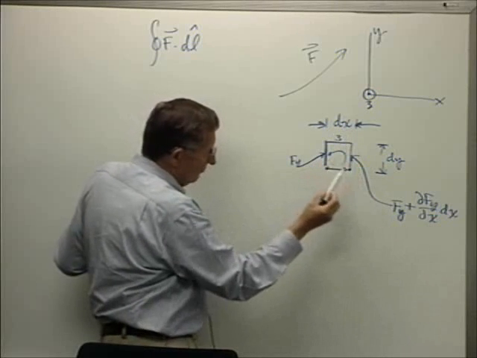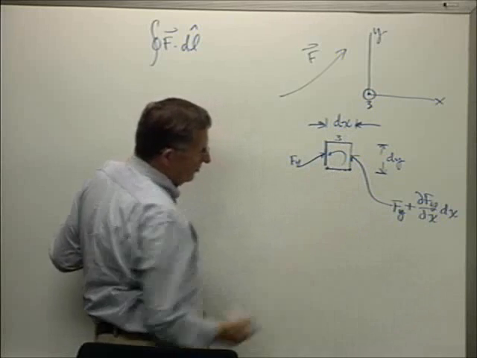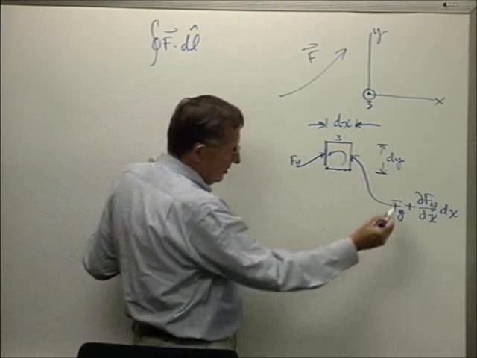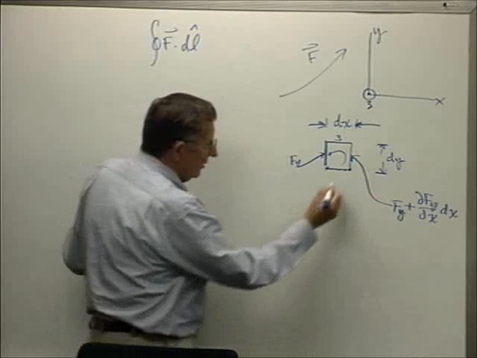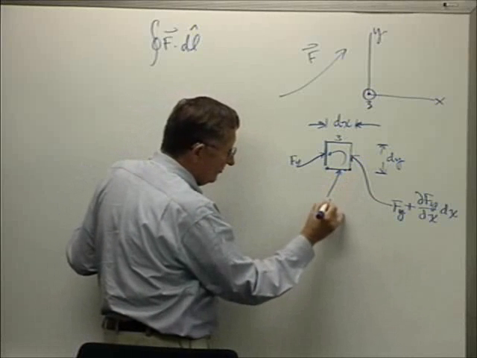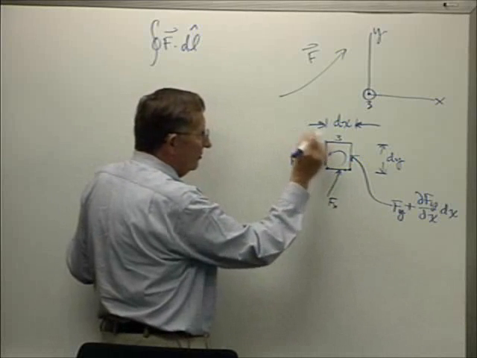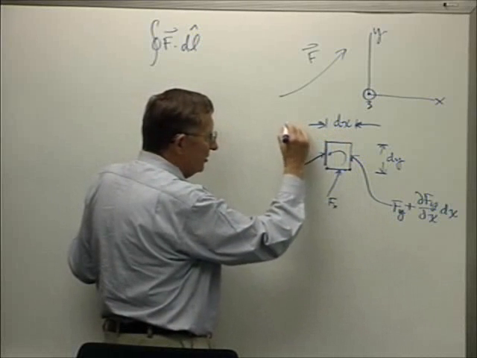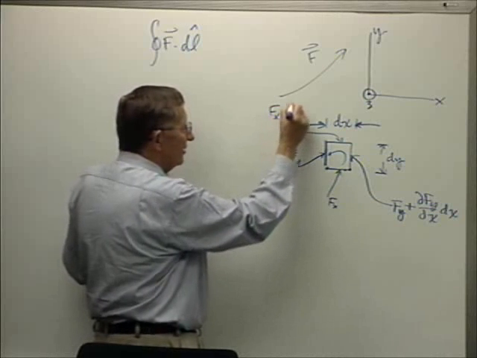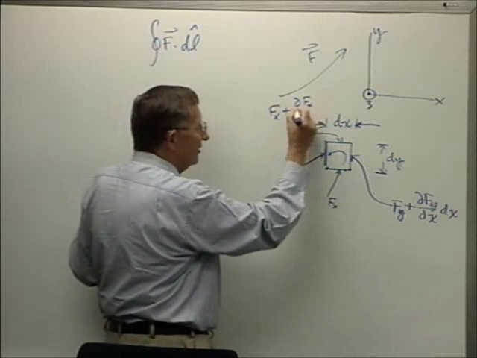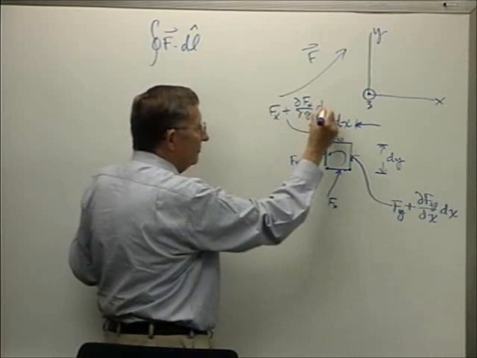Over on this side, where I'm just looking at the change with respect to x, it's Fy plus the change of Fy with respect to x, dx. And if I did the same thing for Fx, I'd have Fx here, and on this upper side, I'd have Fx plus the change in Fx with respect to y, dy.